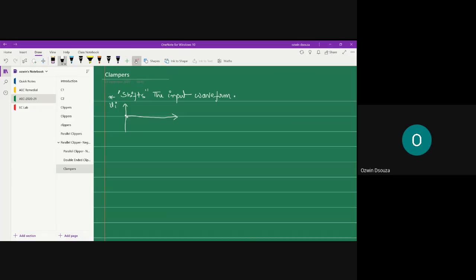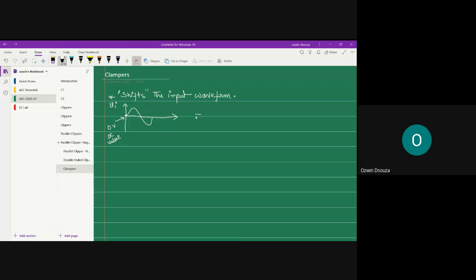Or you could say the input waveform has 0 volt DC offset value. So this is 0 volt. Or you can also say that the waveform is starting from the origin. So whenever the waveform starts from the origin, we would say 0 volt DC value.